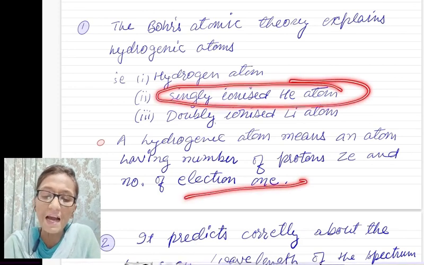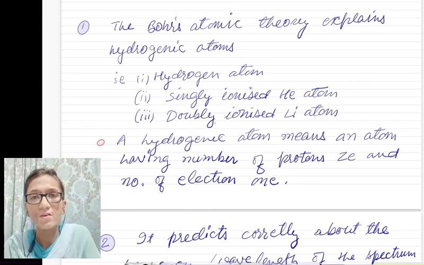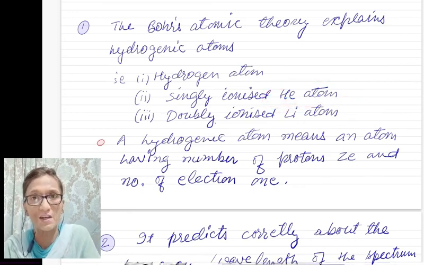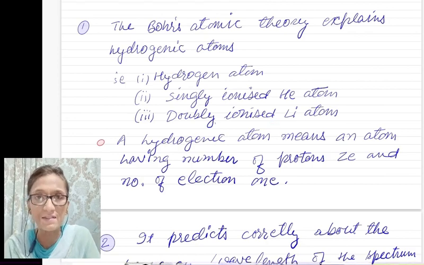When you singly ionize a helium atom, which otherwise has two electrons, and you take out one electron, it has all the positive charges in its nucleus and only a single electron. Similarly, in the case of doubly ionized lithium atom, it has only one electron and all its positive charges in its nucleus.